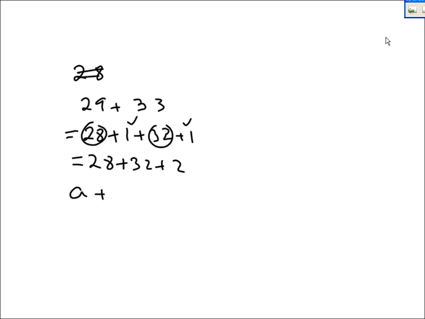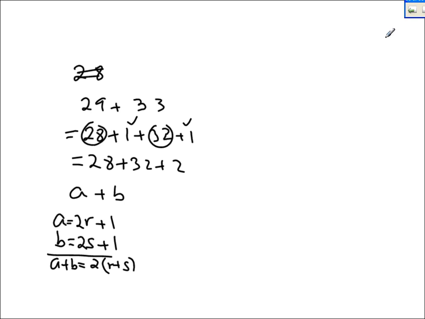If A and B are odd, well then A is an even number plus 1. And B is possibly a different even number plus 1. And when you add A plus B, you get 2R plus 2S, or 2 times R plus S, plus 2. This is even, and 2 is even. This is even. See? And that's seeing it.